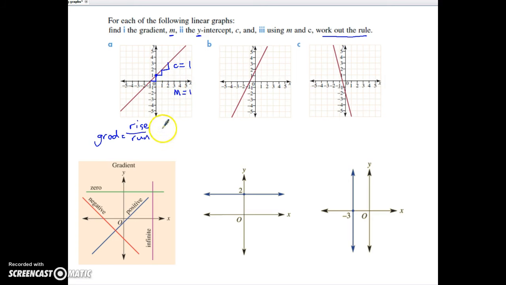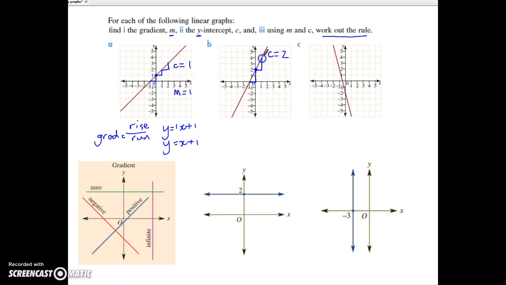So my equation is y equals 1x plus 1, or we could just write it as x plus 1 for that one. Let's have a look here. Y-intercept of 2. My gradient, I need to know, every time I go across 1, how far up am I going?